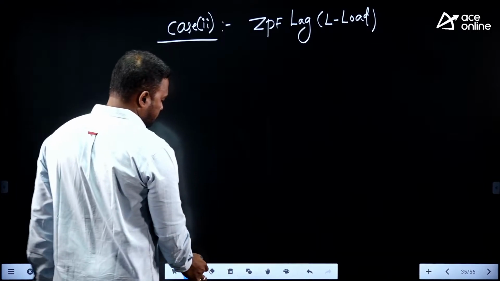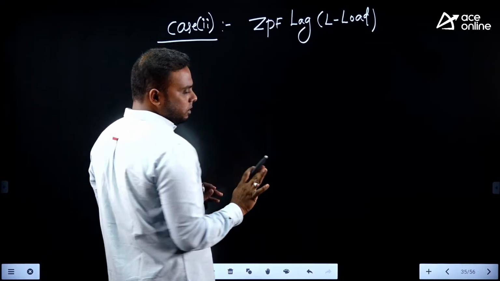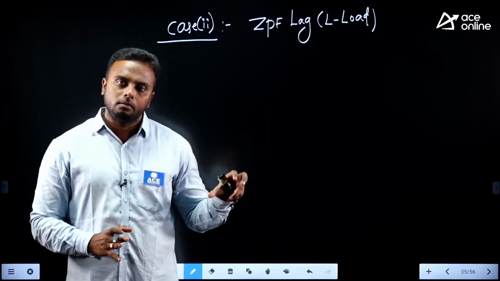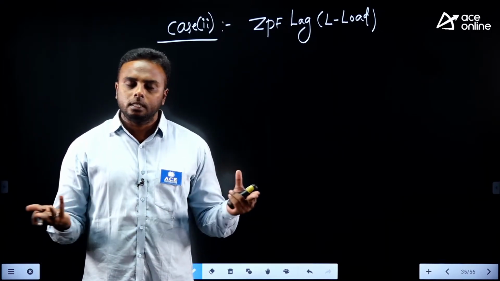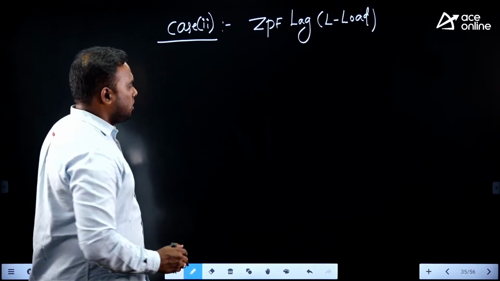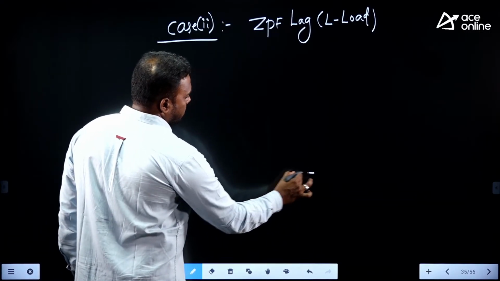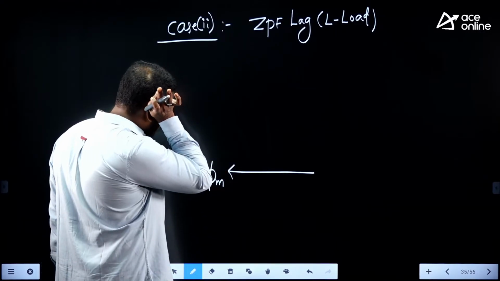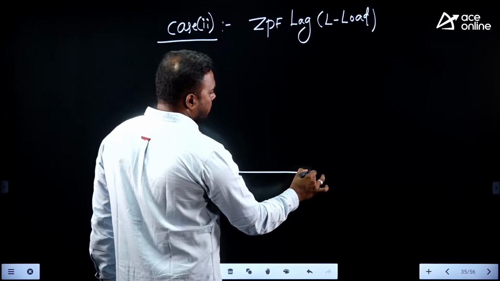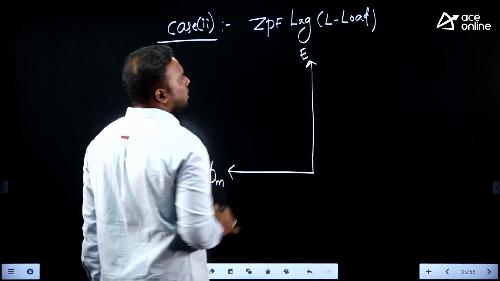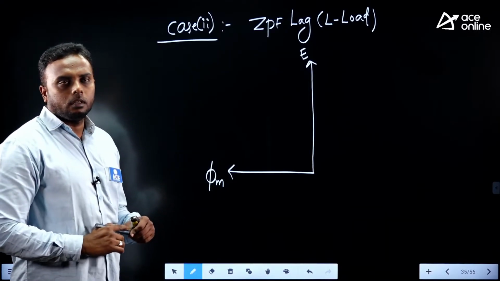See what happened. Again the same procedure. First the main flux we have to take, because that is the responsible quantity for everything in the alternator. Without that, nothing, no voltage, no currents, no reaction. Okay. Now considering main flux. This is main flux. Now EMF lags flux by 90 degrees.